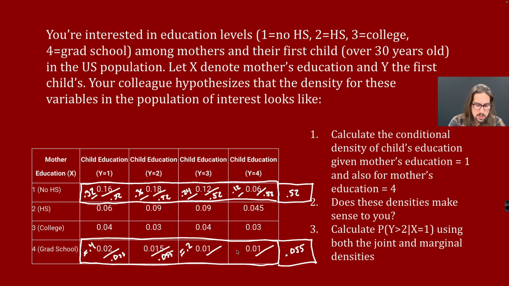Whereas in the population where mothers have graduate school education, what is the distribution of childhood education? It's still skewed towards less education, but not nearly as much, right? So here, for example, if you compare not finishing high school to grad school, it's like 3 to 1, whereas in this population, it's only 2 to 1. So that makes sense to me.